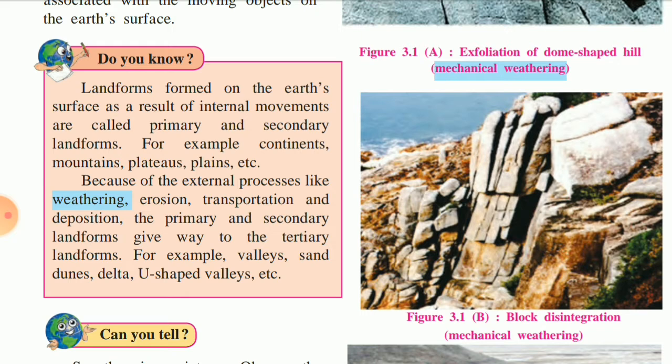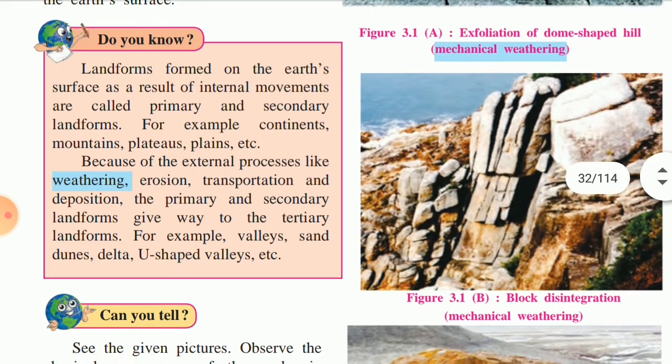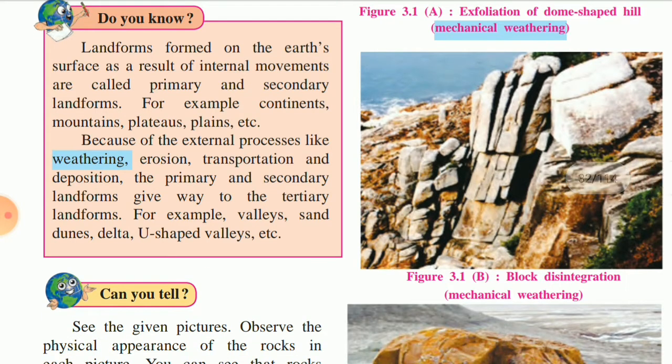Because of the external processes like weathering, erosion, transportation, and deposition, the primary and secondary landforms give way to the tertiary landform. So once again I would like to remind you that primary and secondary landforms are continents, mountains, plateaus, and plains.